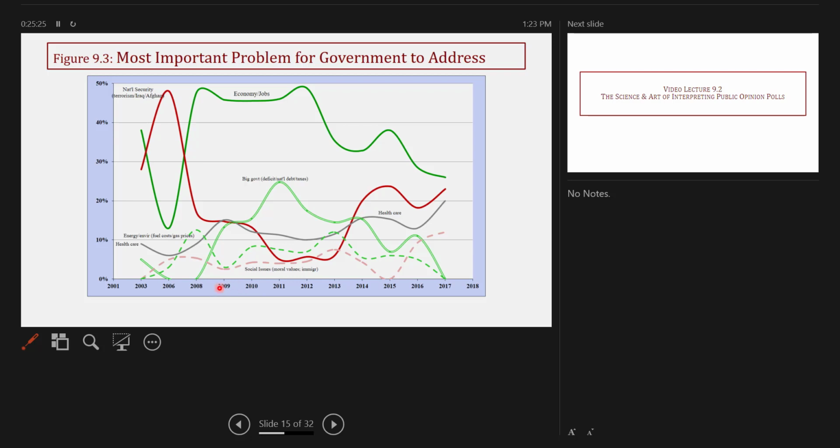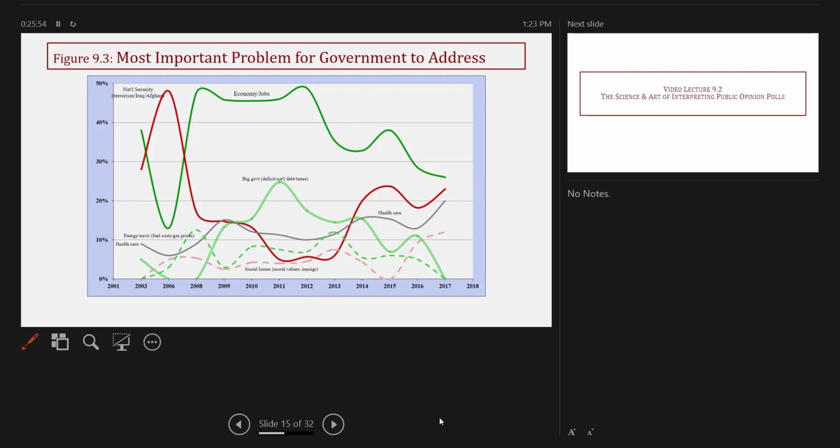Well, in the period running up to 2010, this is when the so-called Tea Party movement was gaining ground, and they really got mobilized in the 2010 midterm elections in opposition to Obamacare, and a lot of the rhetoric in the Tea Party movement dealt with big government. We need to reduce the size of government. The deficit's too big, and so forth.